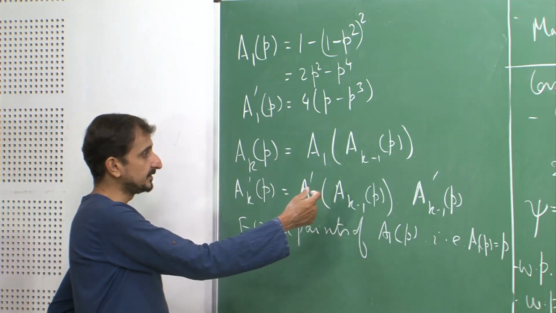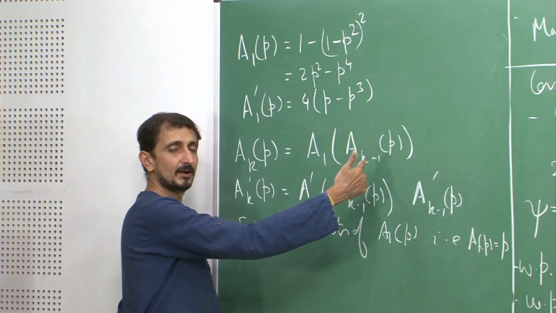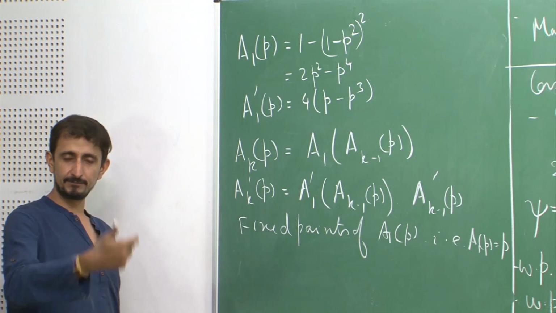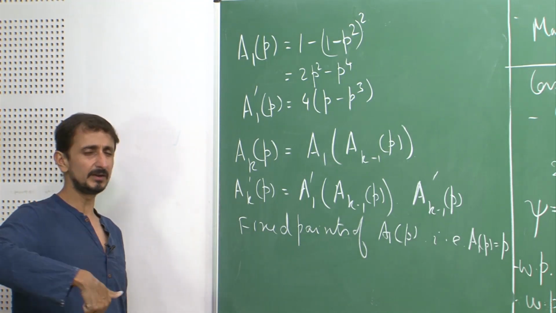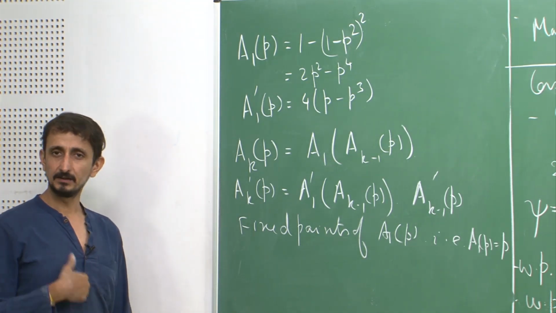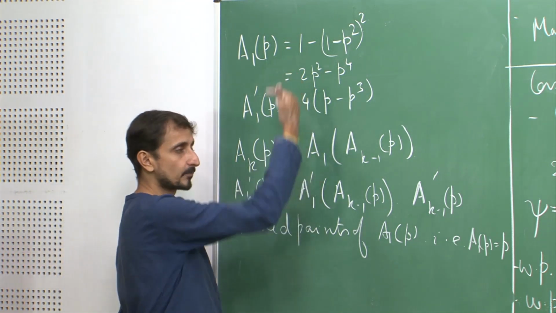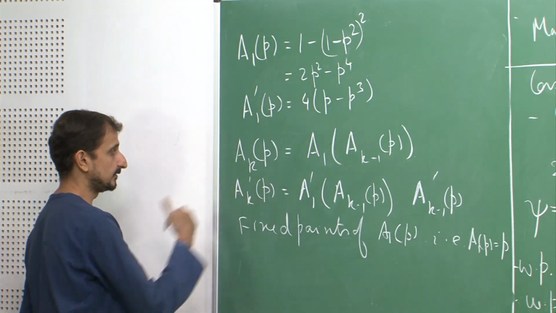So, if I substitute A1 of p for p over here, for A2 also I get the same fixed point, for A3 also I will get the same fixed point, in general for any k I will get the same fixed point. So, the fixed points are the same by the definition of A k.